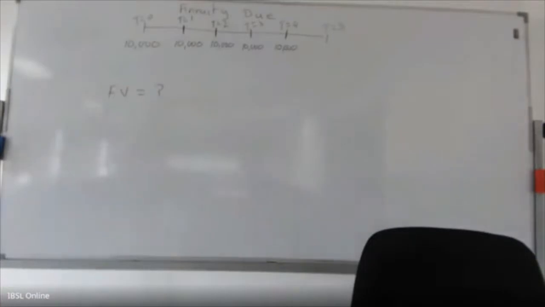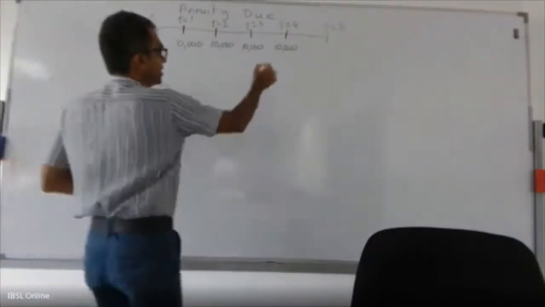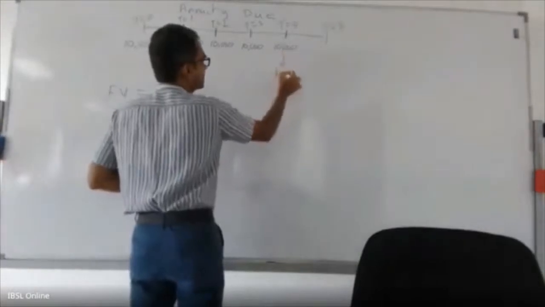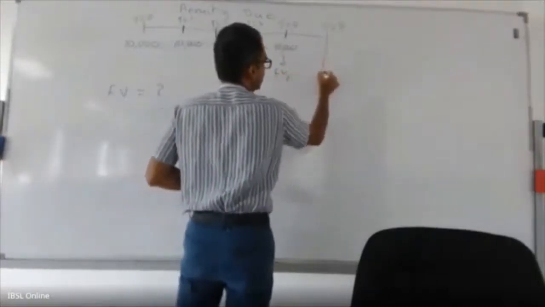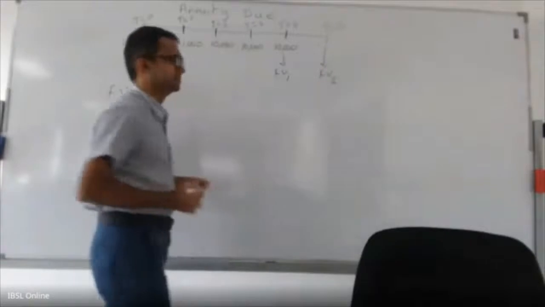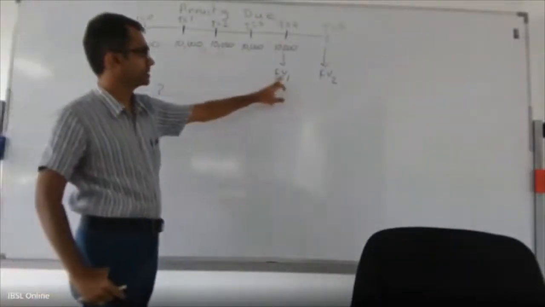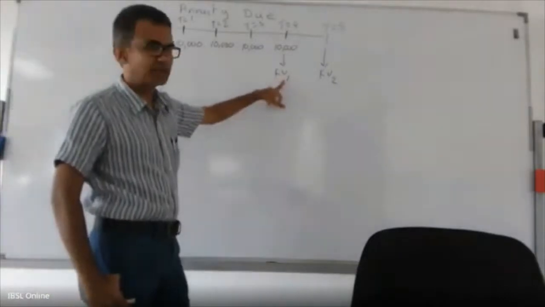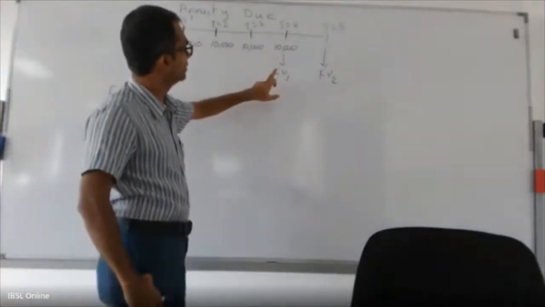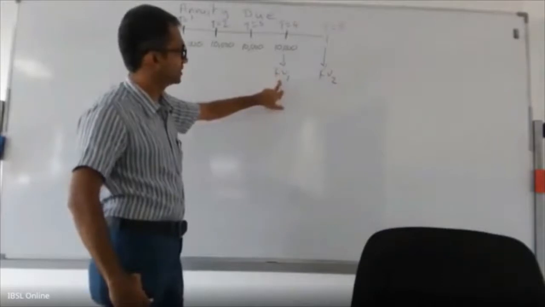The first question that I asked was whether we are going to calculate the future value as at this date or as at this date. If we calculate the future value as at this date, that means at the end of the 4th year.